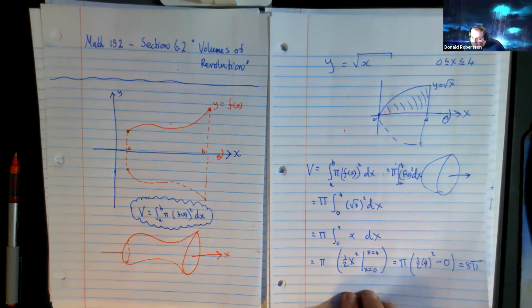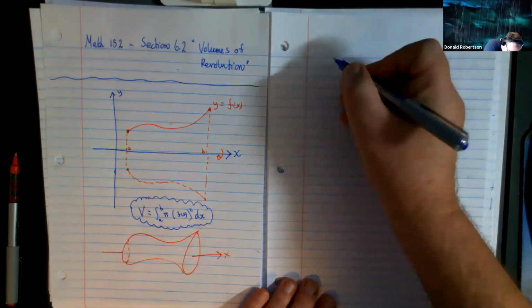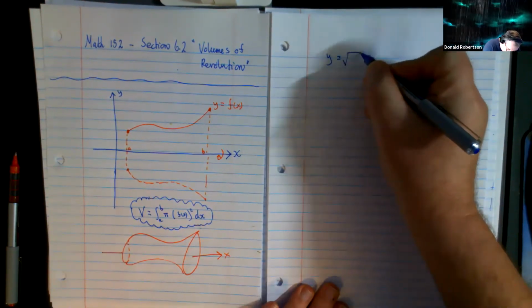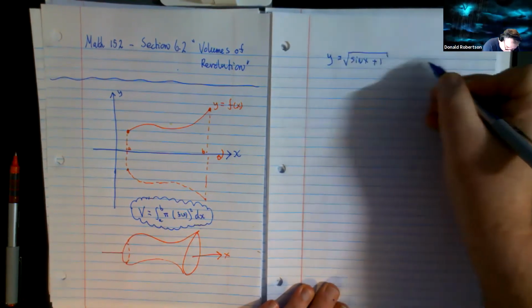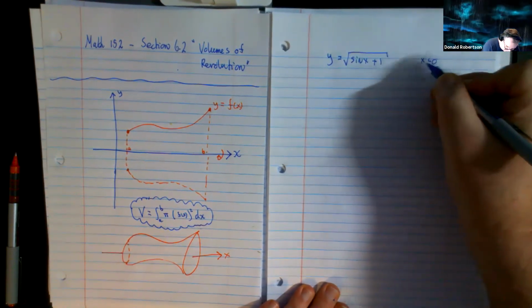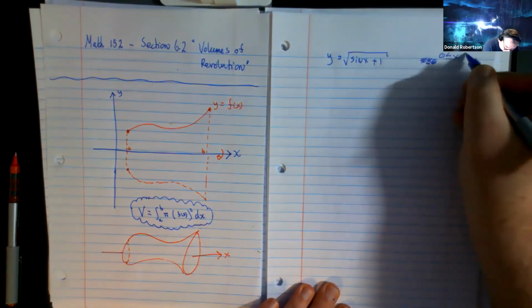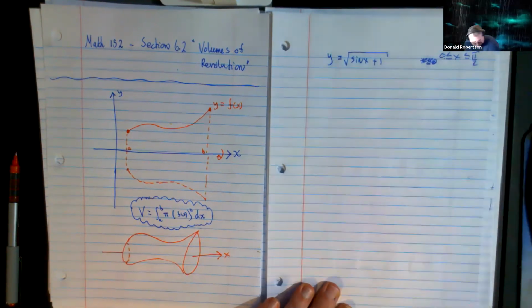Are we good? Right. How about y equals the square root of sine x plus 1, and we're going to do x from 0 to 5.2.